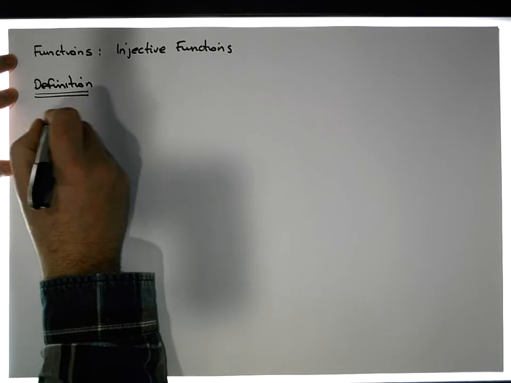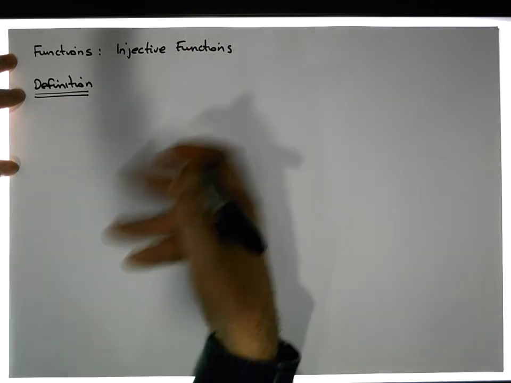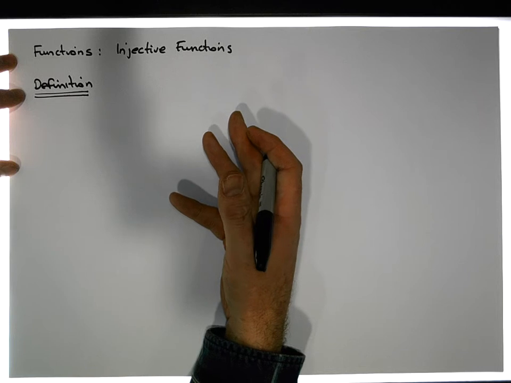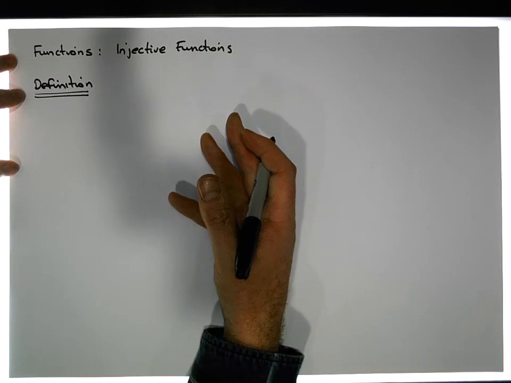So our definition is, if I want to test whether a function is injective, I need to have the function in the first place, which means that I must know where the function is mapping from and into. In other words, I need to know its domain and its codomain.